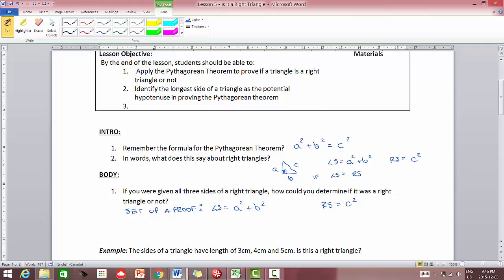And basically, as we get down to evaluating the numbers we're given and get our answer, if left side equals right side, then a, b, and c form a right triangle.